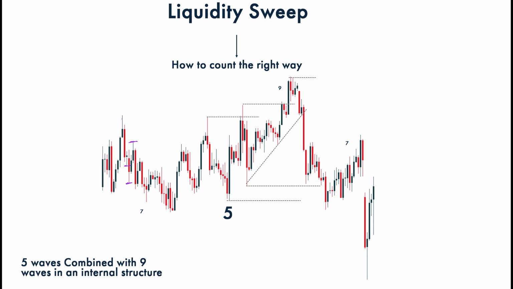So that means right now we have this as our first structure. We have the high, we have the low, and then this is 1, this is 2, and then we break this, making this a 3 and then a 4.